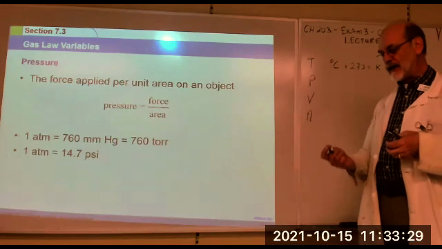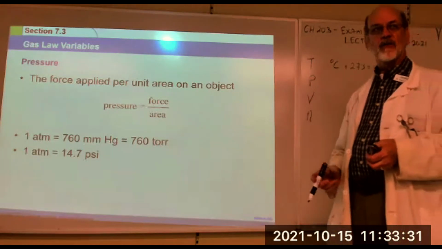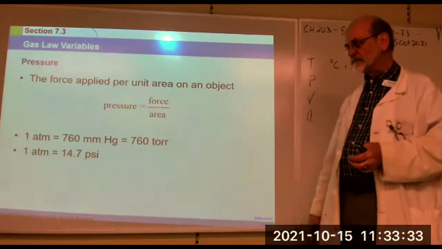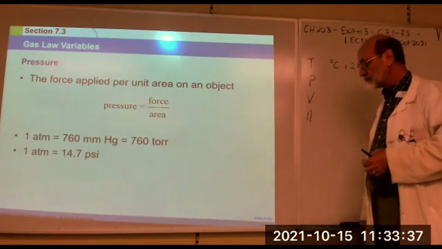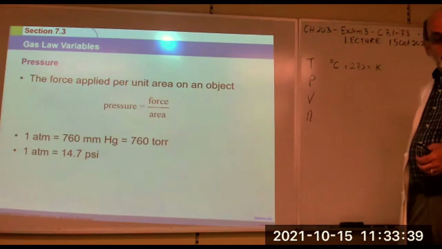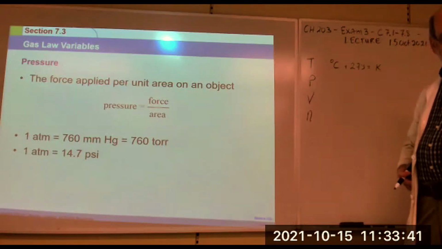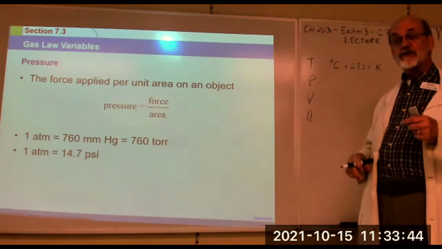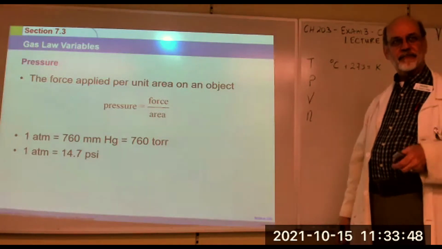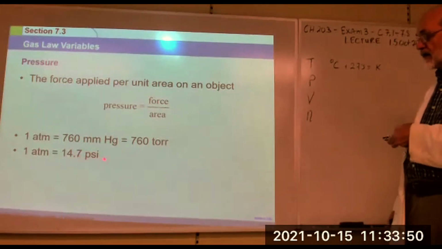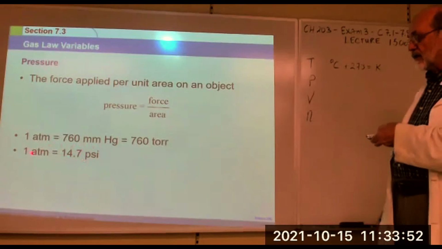In fact, any tire gauge you use will be calibrated in pounds per square inch. And that's force per unit area. And next week when we do our lab, we will measure pressure on a gas with a tire gauge. So you need to be able to convert it after you measure it, convert it into atmospheres.